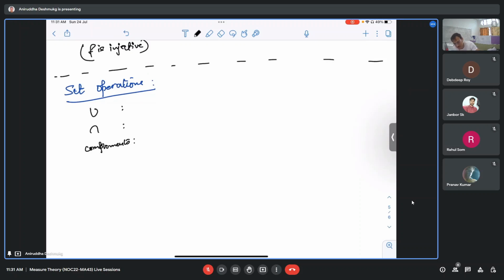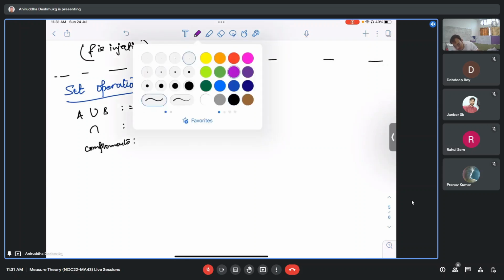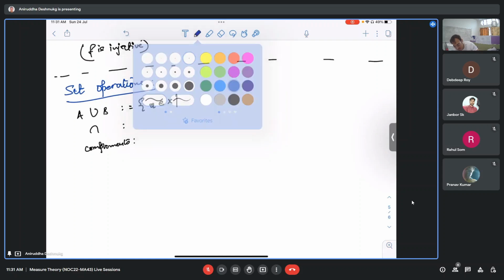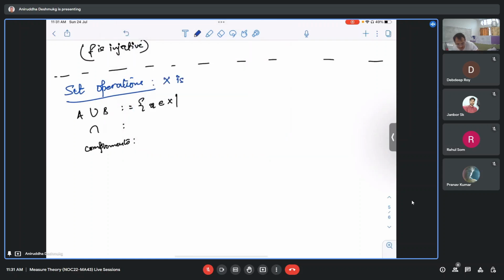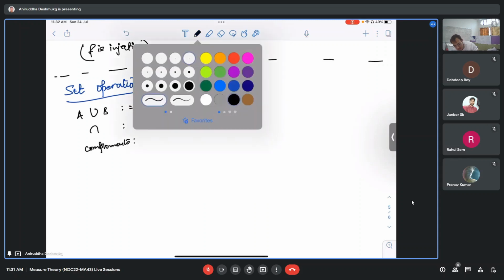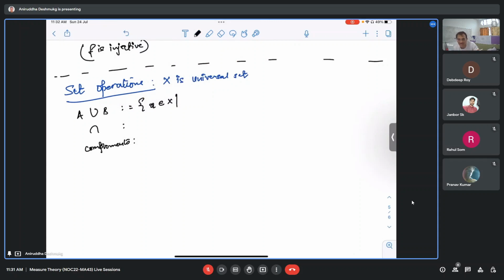Given two sets A and B, this is defined as the set of all those x. Oh yeah, so I need a universe. Right? So in this discussion, X is our universe set, which means that nothing can go outside of it. Whatever points we consider will be only the points of this given universe.